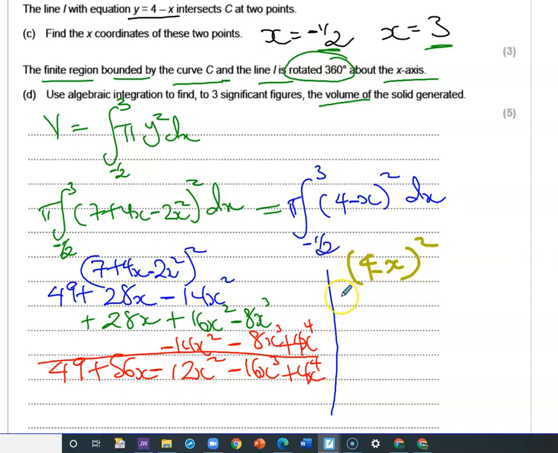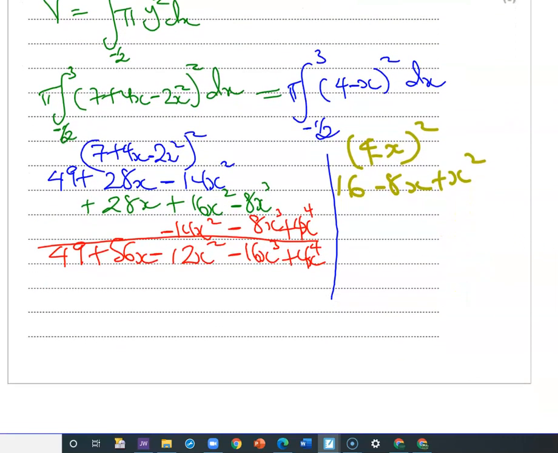That's fairly straightforward. That should give us 16 minus 8x add x squared.